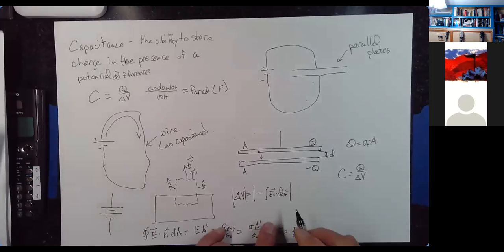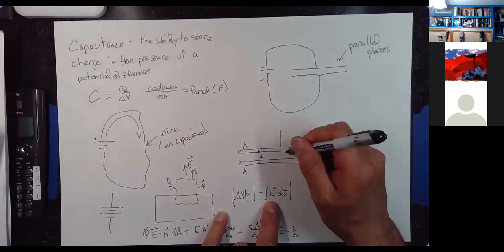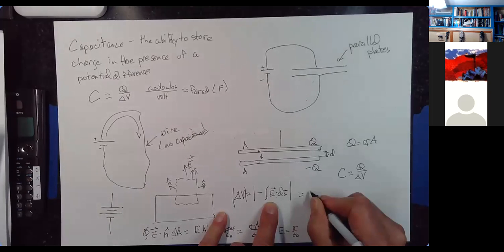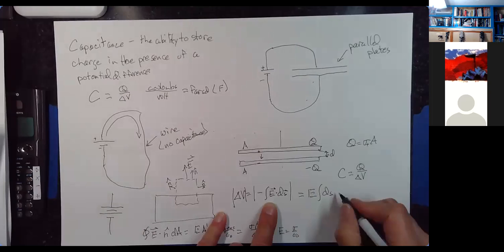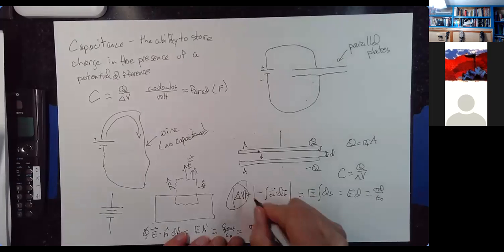But when you have a uniform electric field, E dot ds, just take a straight shot between the two, it'll end up being, in this case, just E times the integral of ds from one side of this thing to the other, which is just the distance d. It'll just be Ed. And the electric field is sigma over epsilon naught. So I'll have sigma d over epsilon naught as my delta V.